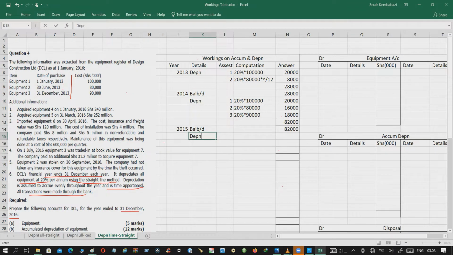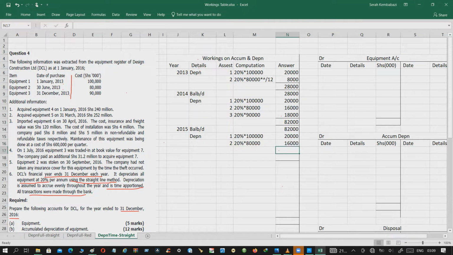And again, we'll have to compute depreciation for all assets that we've had in the financial year 2015. We still have asset 1 with us based on our additional information, so definitely the amount won't change. We'll have 20,000 again. And equipment 2, we also still have it in our possession, so still the depreciation amount won't change.